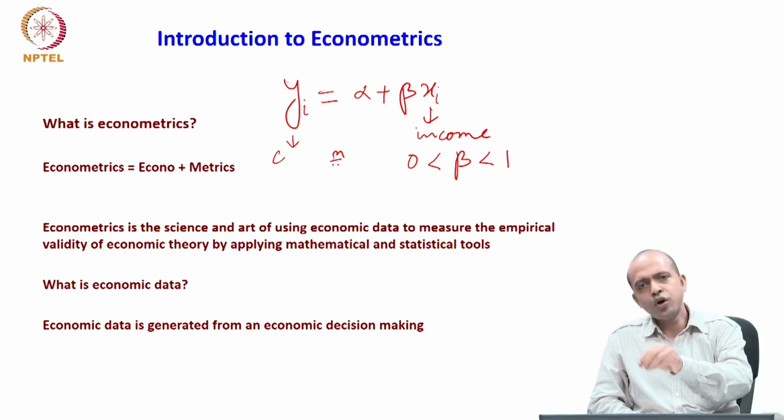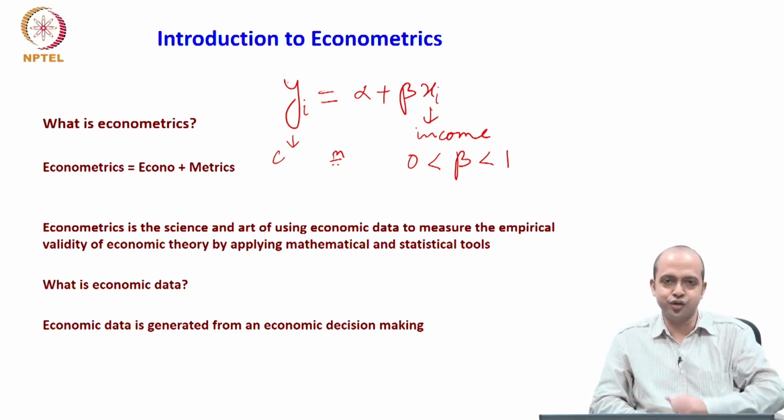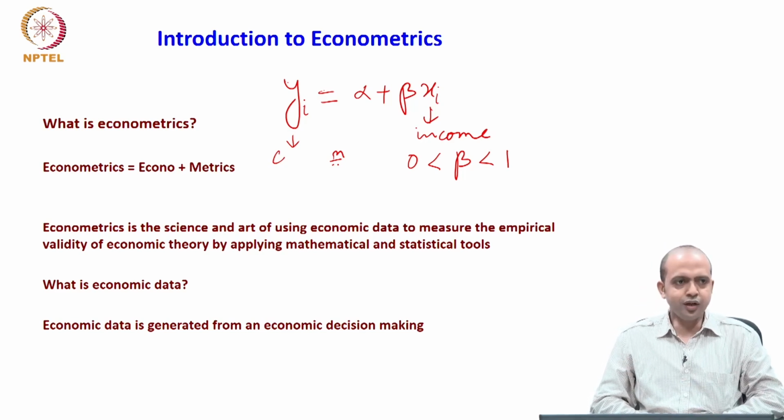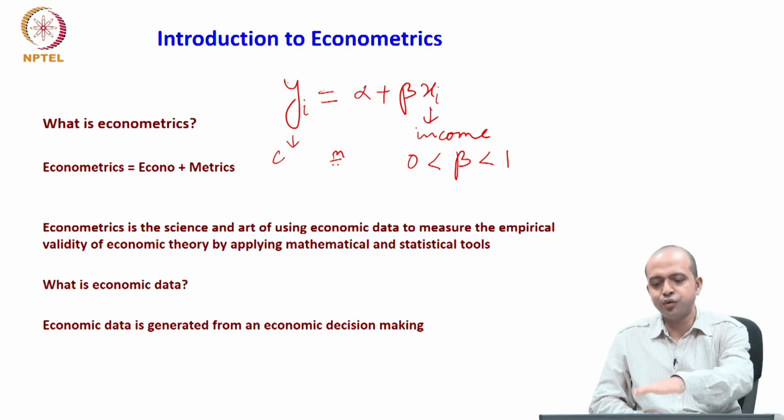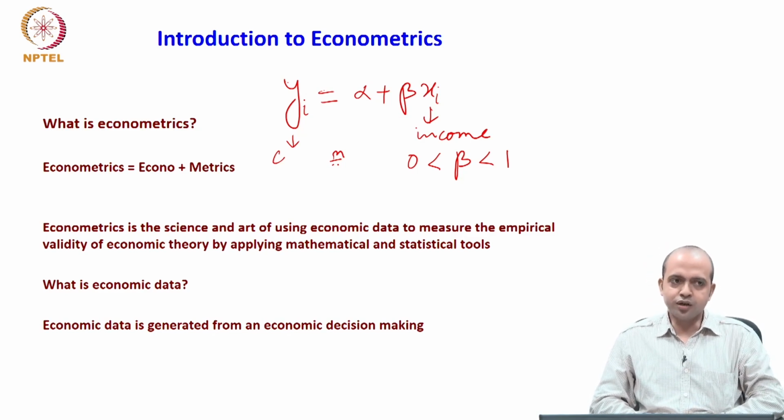So, the job of a mathematical economist is done here only. A mathematical economist will never check the empirical validity of this economic theory. So, this is called mathematical economics, representing economic theory using mathematical models and equations.